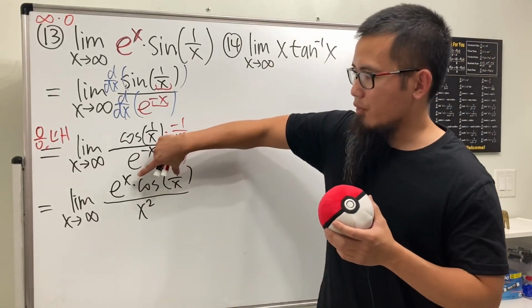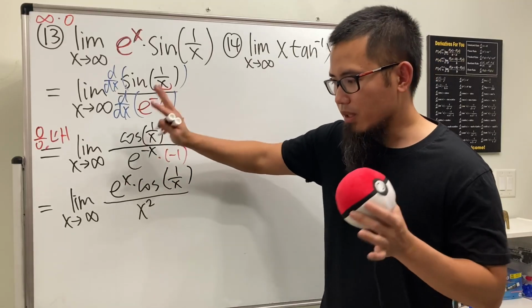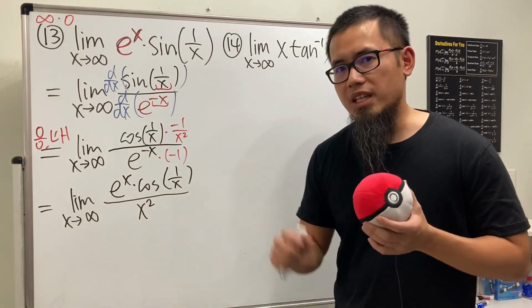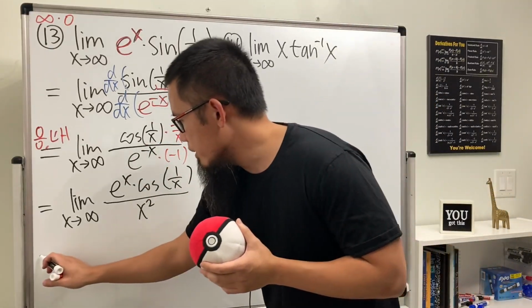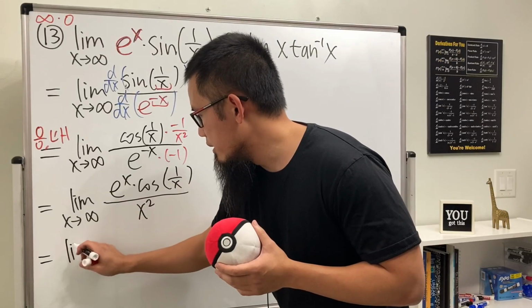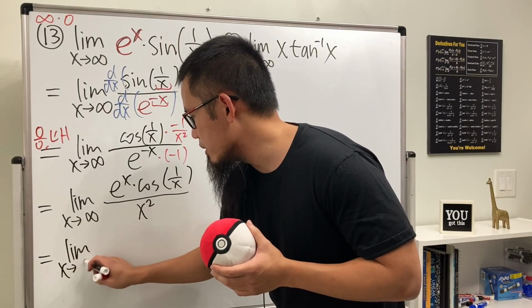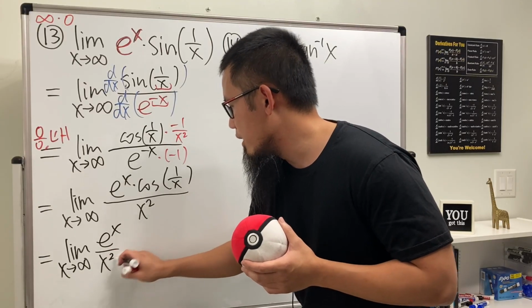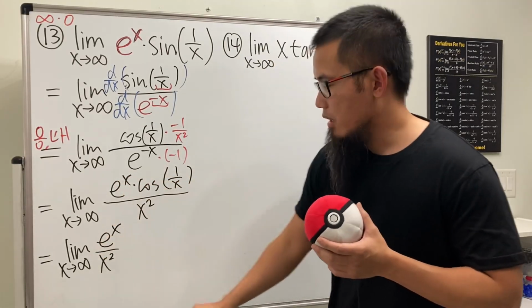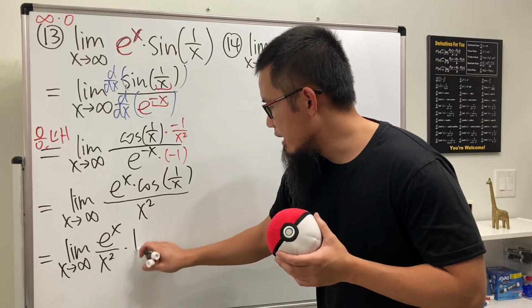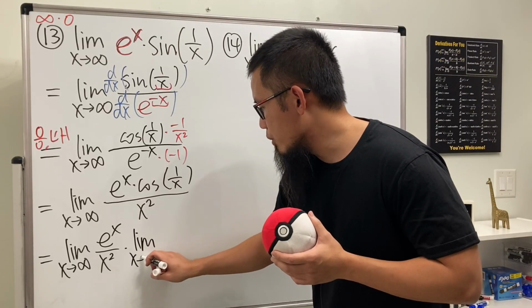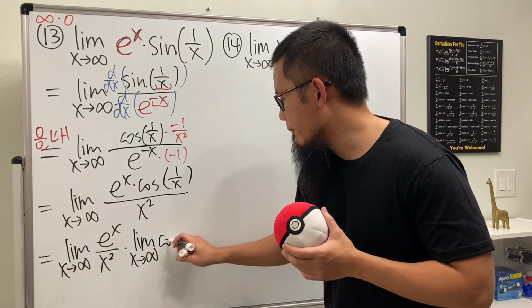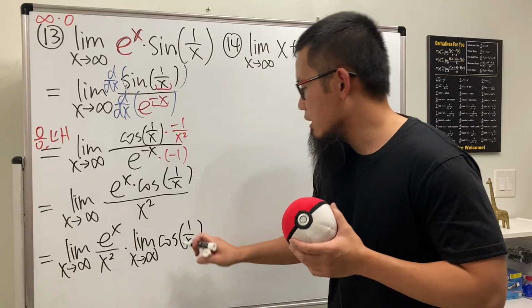I'm not going to differentiate this anymore. Yeah, we did a lot of derivatives already. Here is one of the limit laws. What we can do is just pay attention to the limit as x approaching infinity of e to the x over x squared. I put them right here first. And then I look at the limit as x approaching infinity of cosine of 1 over x.